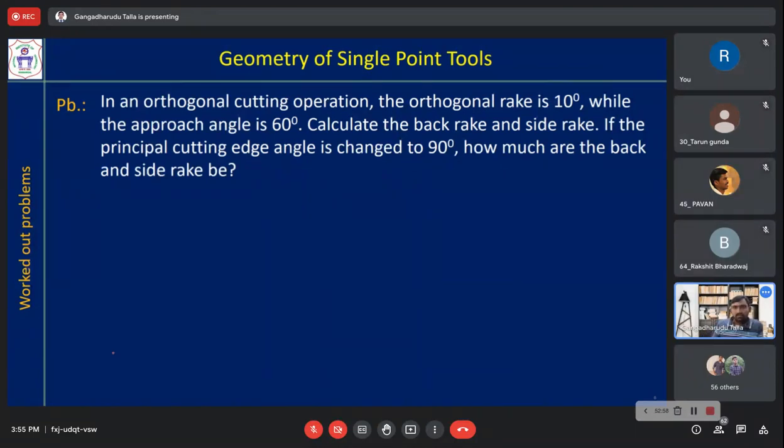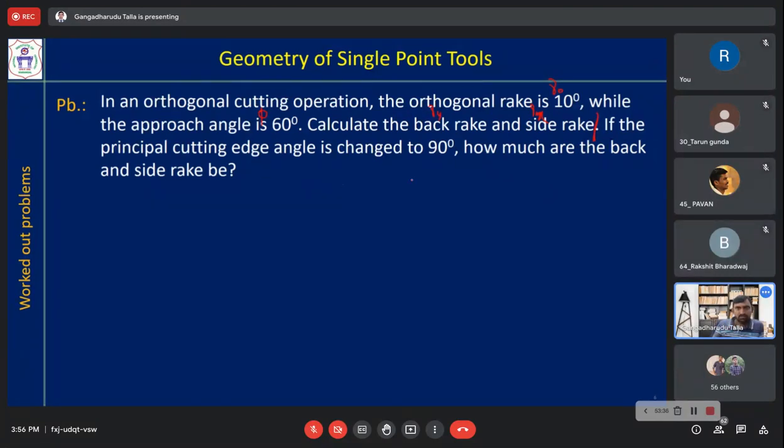So again, you can read this: in an orthogonal cutting operation, orthogonal rake gamma O, approach angle phi. Calculate the back rake, gamma y, and side rake, gamma x. If the principal cutting edge angle is changed to 90 degree, how much are the back and side rake?